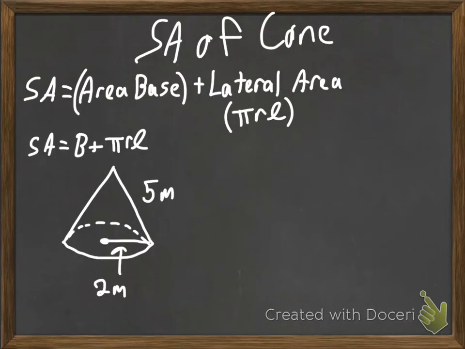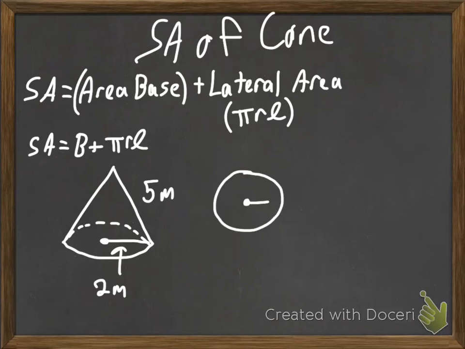So the surface area of a cone is the area of the base plus the lateral area. And the lateral area is represented by pi times the radius times the slant height. So our surface area is base plus pi r slant height. So what I'm going to do with cones is I'm going to break those two up. So with this cone here, I'm going to draw the base.